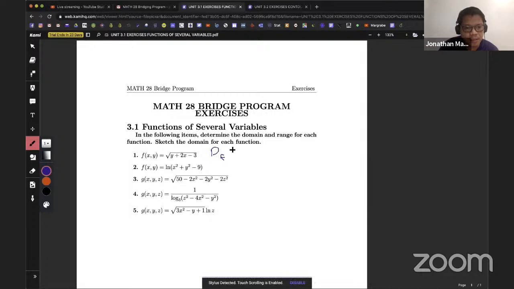Again, the domain should be a subset of R squared.